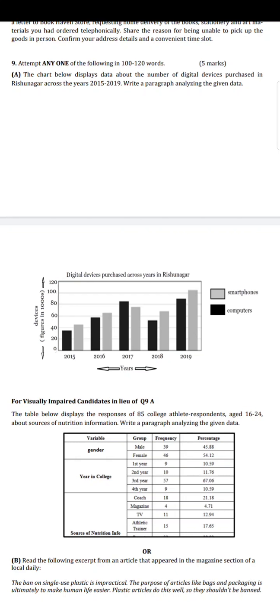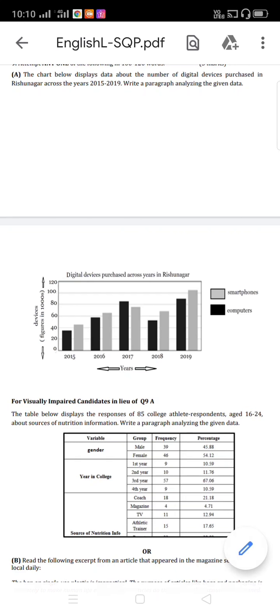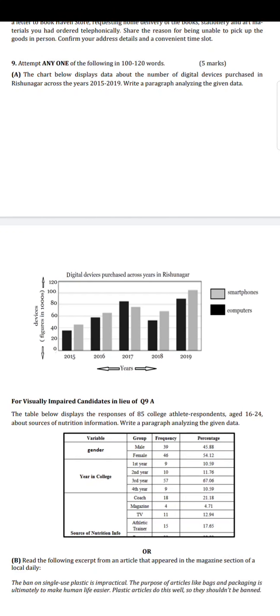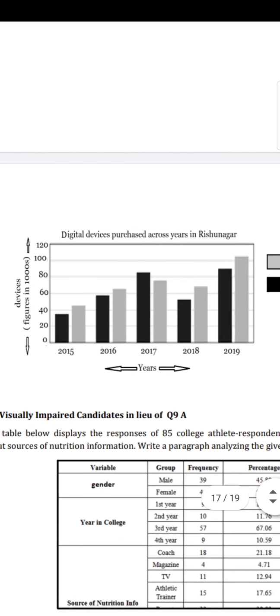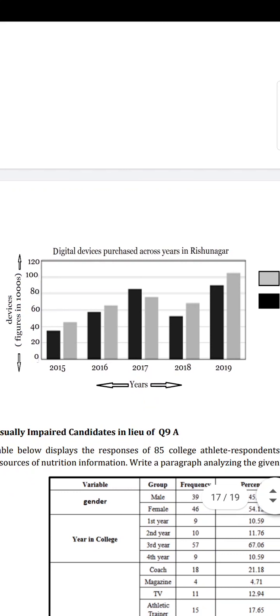Here you can take the example. The chart given displays data about the number of digital devices purchased in Rishunagar across the years 2015 to 19. So you can see a graph has been given of Rishunagar. In 2015 the digital devices purchased, then slowly it has increased till 2017.